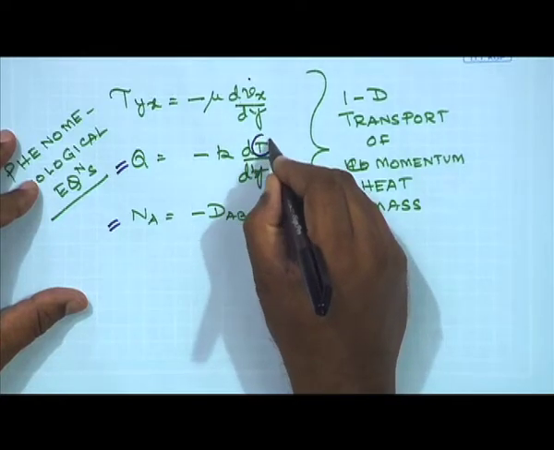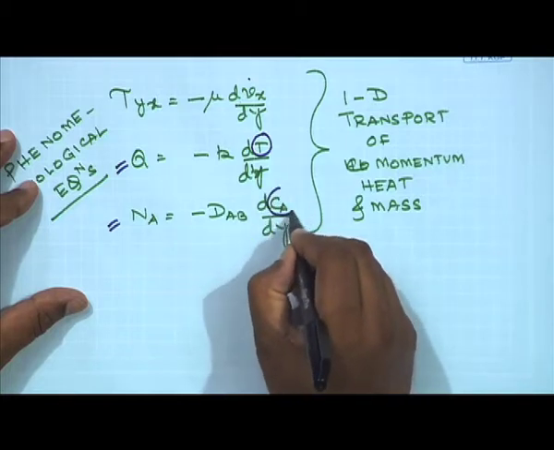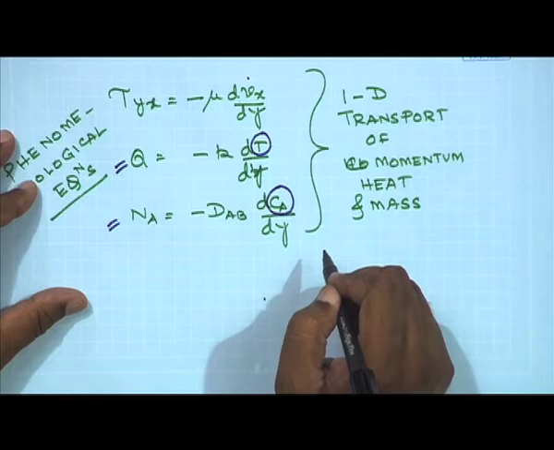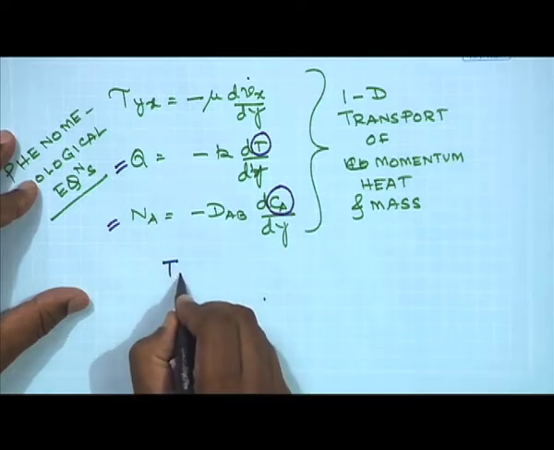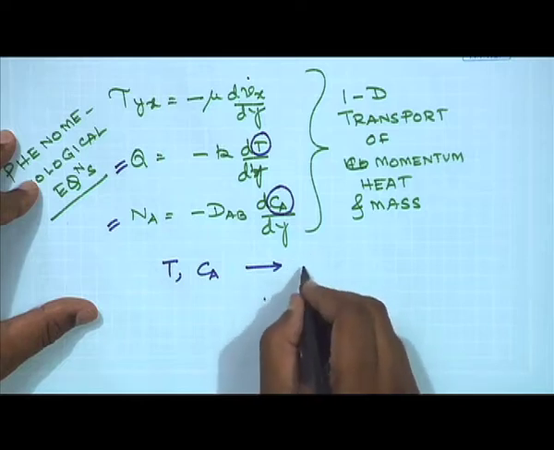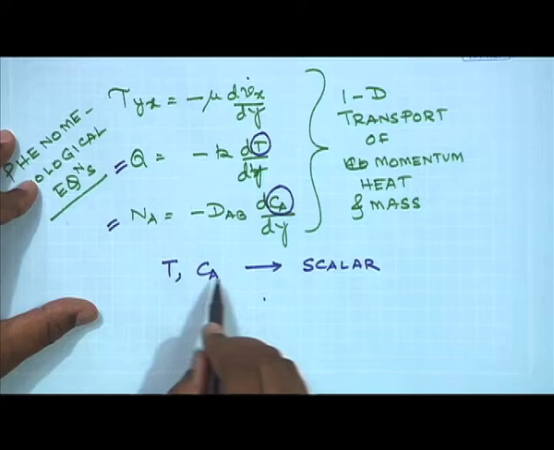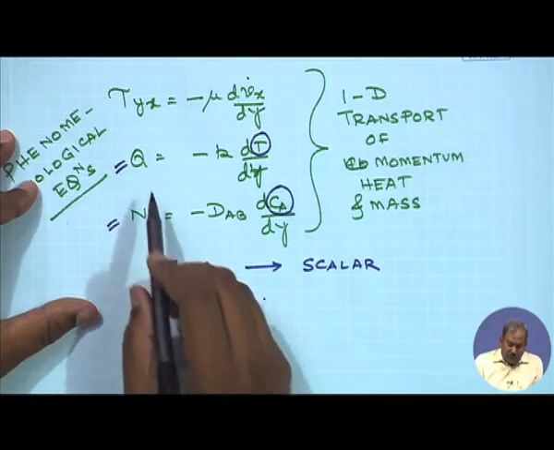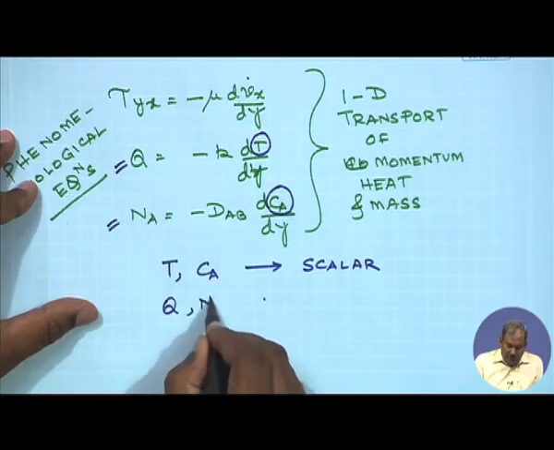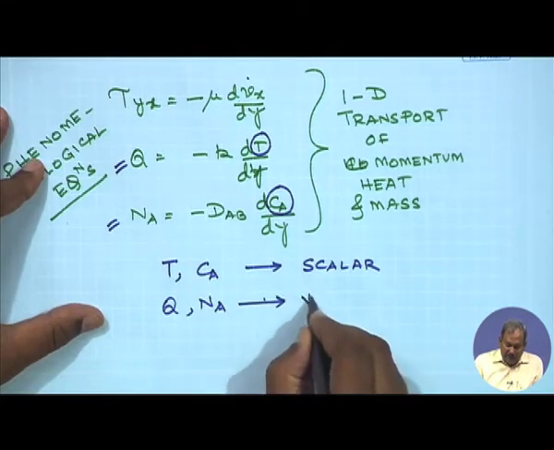One talks about the gradient of temperature, the other talks about the gradient in concentration. Now if you think of T and Ca, mathematically both are scalar quantities. So therefore, q and the mass flux of A are going to be vectors.